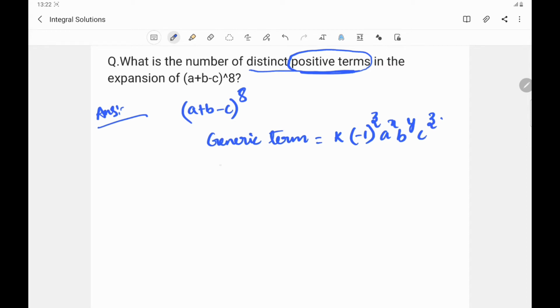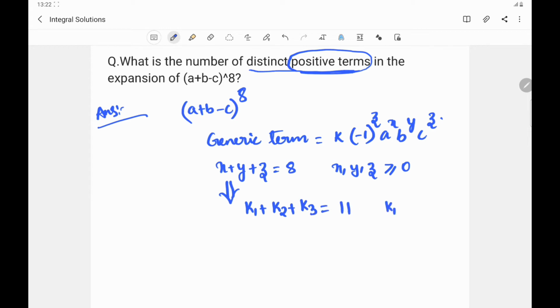So we know that x plus y plus z would be equal to 8, and x, y, z are all greater than or equal to 0. So this gets converted to k1 plus k2 plus k3 is equal to 11, and k1, k2, k3 are greater than or equal to 1.